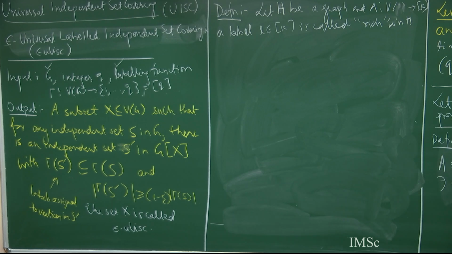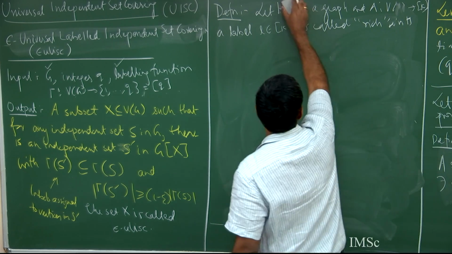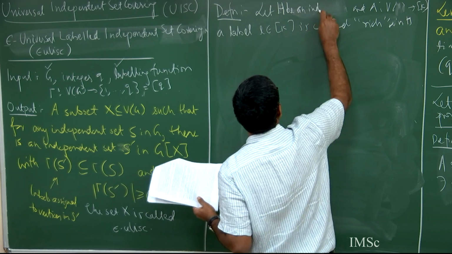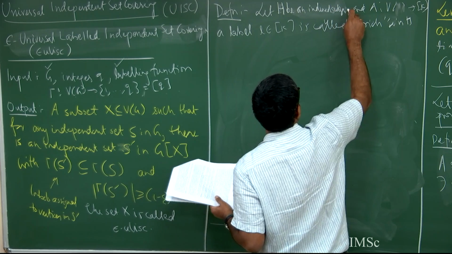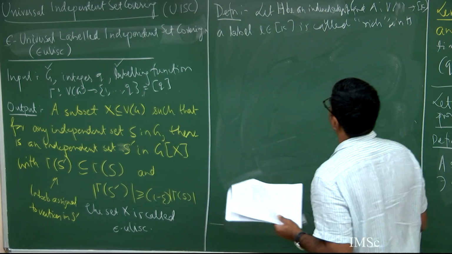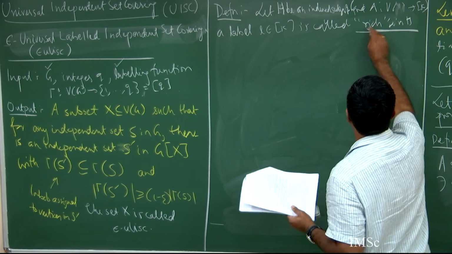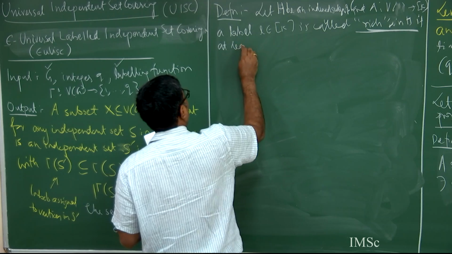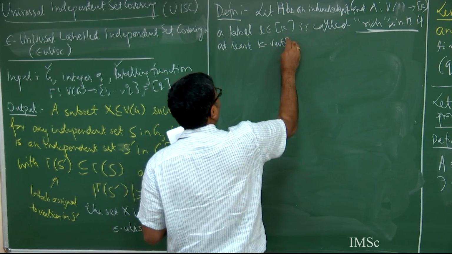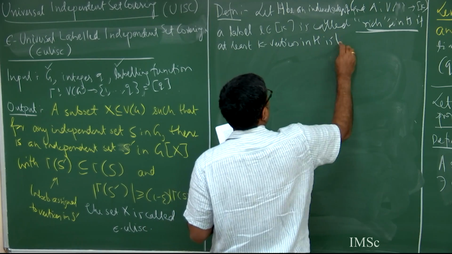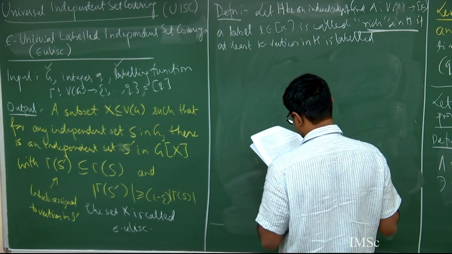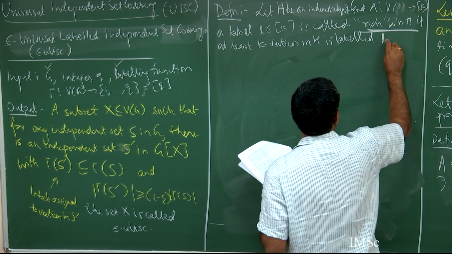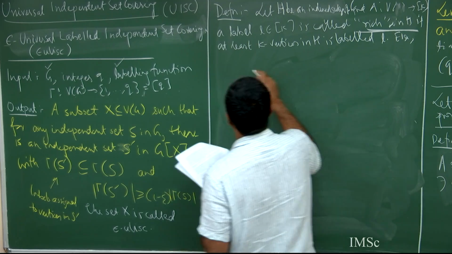Let me define it much more clearly because this is what we will need in the algorithm. Let H be an induced subgraph of G and delta is this. A label L in K is called rich in H if at least K vertices in H are labeled L, else the label is called poor.